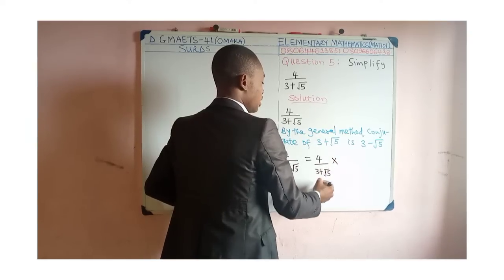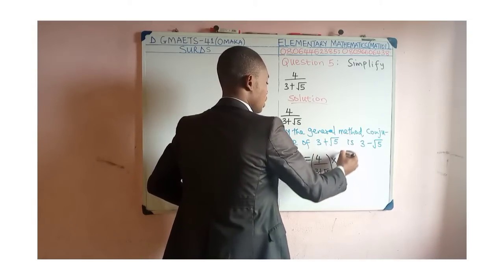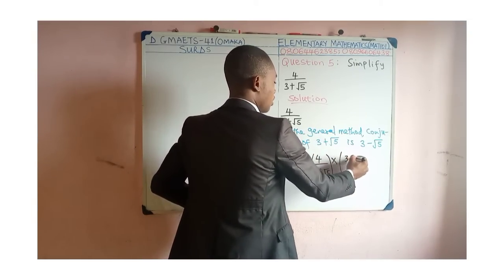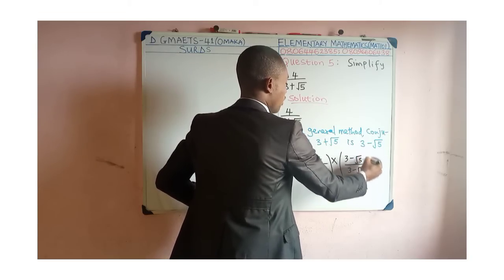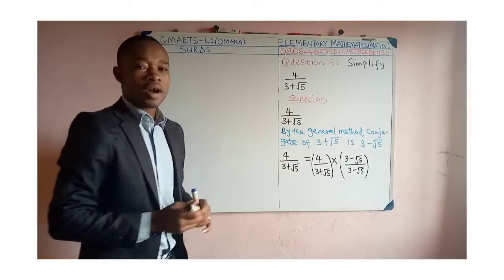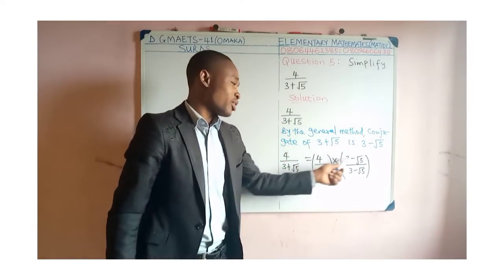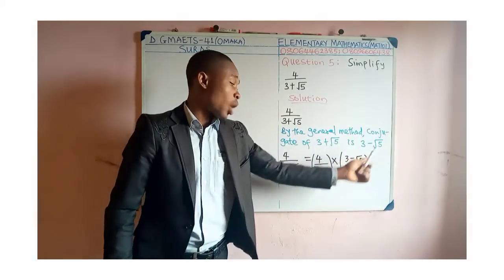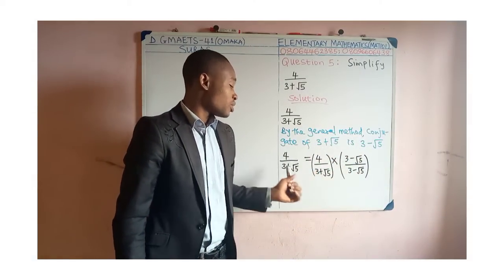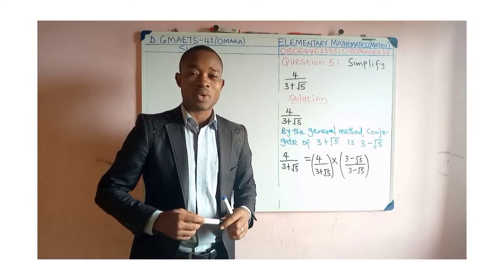So we're going to multiply this, let me enclose this in brackets. So we're going to multiply this by 3 minus root 5 all over 3 minus root 5. Once again, I have committed no crime here because of course this 3 minus root 5 over 3 minus root 5, the conjugate can actually divide through to give you 1. 1 times this bracket will still give you back what we were given as a question.